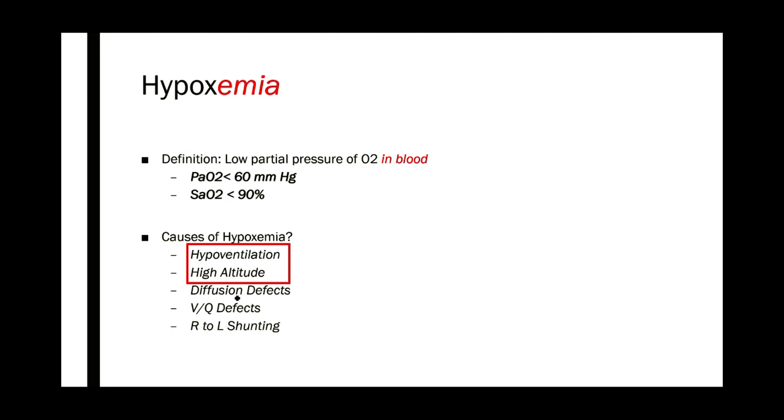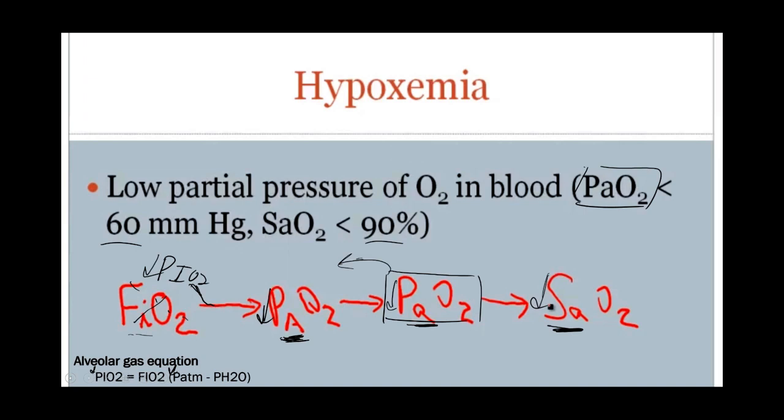Okay, so these are the 5 big causes of hypoxemia, and you just gotta know these, as well as the causes of hypoxia. Hypoventilation, high altitude, diffusion defects, VQ mismatch, and right to left shunting. So just to go back to this, which one of these would hypoventilation decrease? PAO2, because you're breathing less, you're bringing less oxygen to the alveoli.